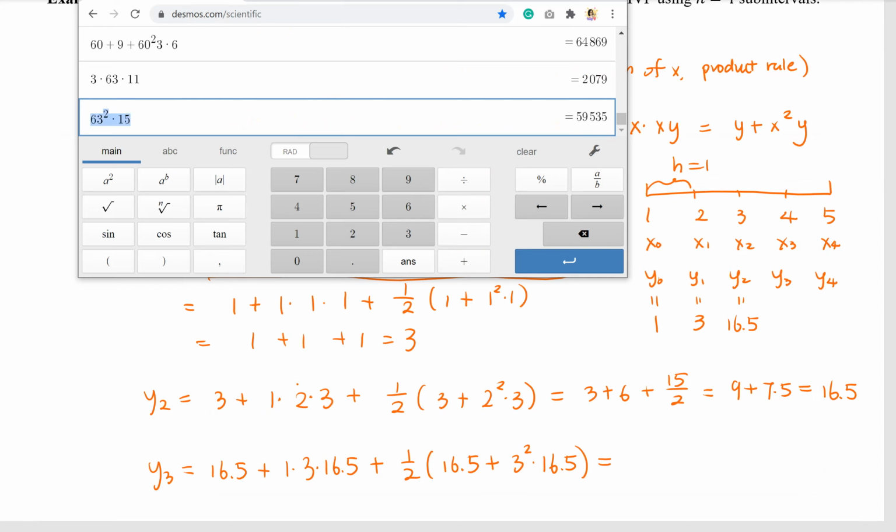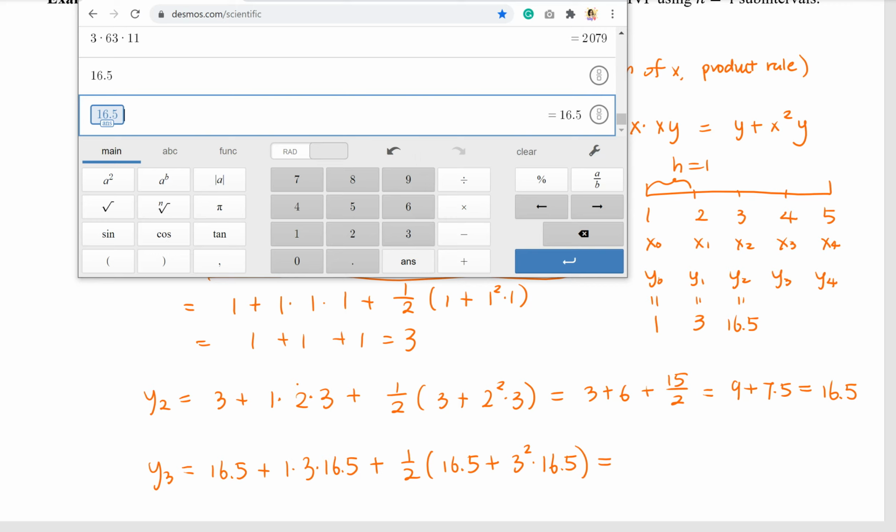So first, you're going to do 16.5, Enter. And then for the next step, use answer. When you see the yi, use answer instead of putting in 16.5. Answer plus 1 times 3, so 3 times the answer.